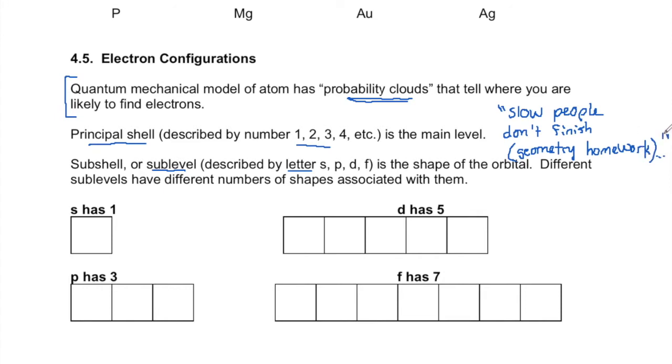I was taught with the mnemonic, slow people don't finish geometry homework, so then after F would come G and H, but S, P, D, F for slow people don't finish.